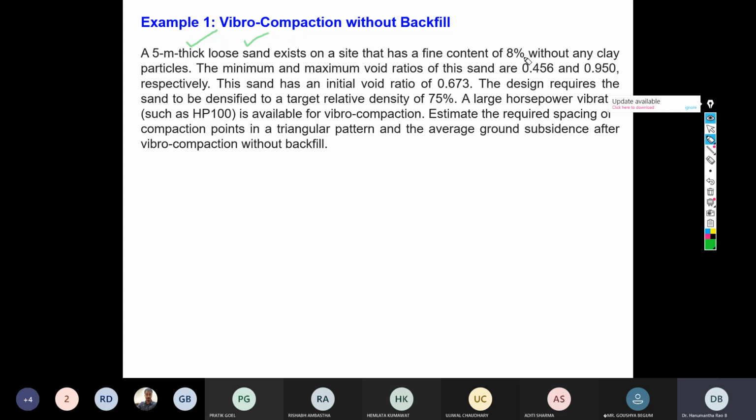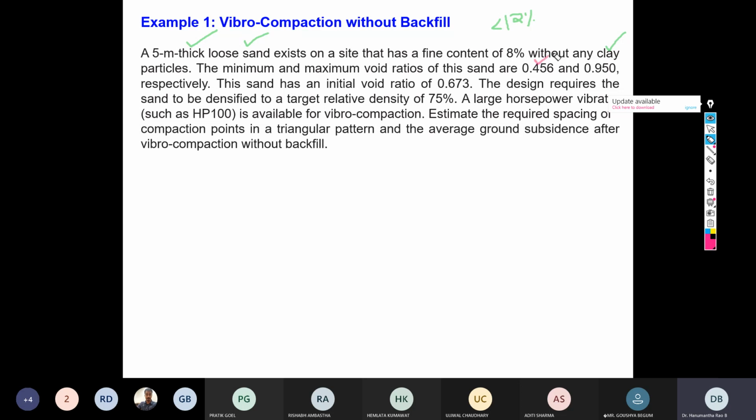This 8% is less than 12%, because when we discussed the applicability of the soil type, we elaborated that the fines content should not exceed 10 or 12%. Therefore 8% is less than 10%, it is okay. So the vibrocompaction technique is valid. Incidentally, this soil doesn't have any clay particles, so therefore no problem. Then they have also measured the void ratios of the sand.